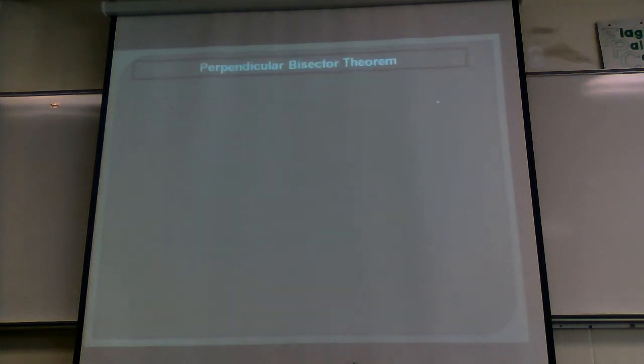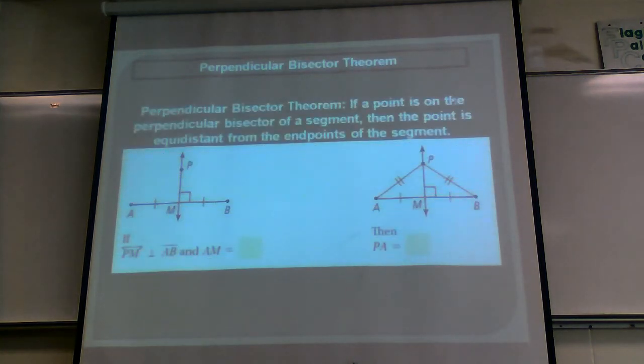All right. So the actual theorem goes, if you have a perpendicular bisector, then any point that's on that line is equidistant to the endpoints of that segment being bisected. It's kind of a mouthful to say, and it kind of confuses people.